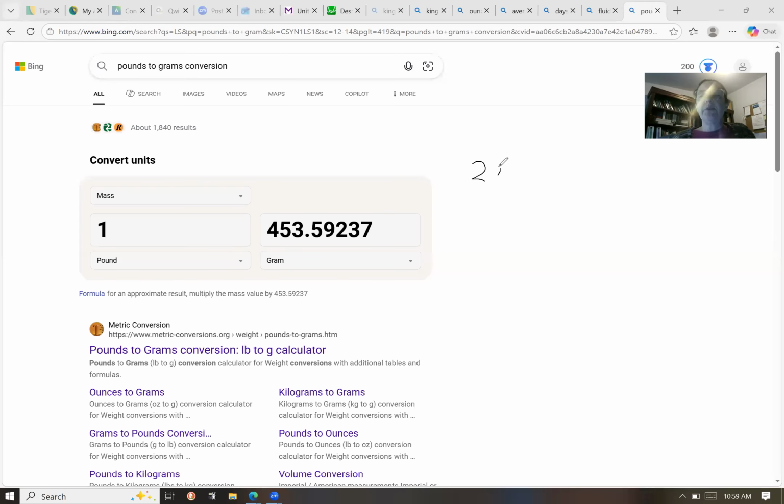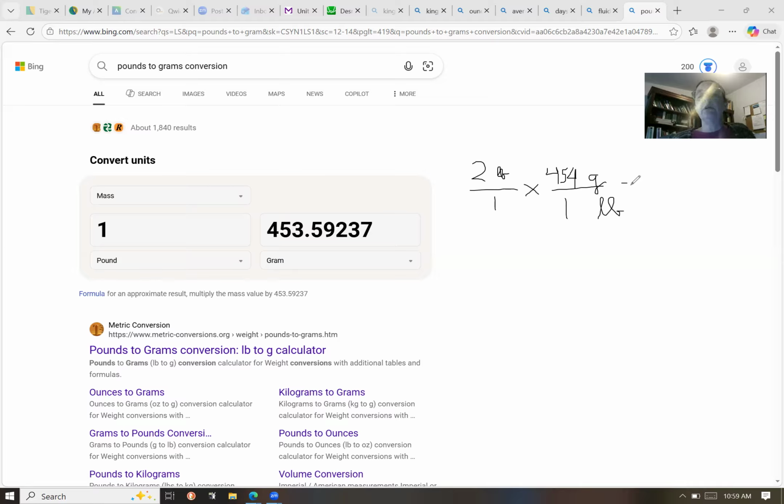So we'll put 2 pounds over 1. Multiply it by our conversion factor. We want pounds in the denominator to cancel diagonally, grams in the numerator. So 1 pound is 453.6, and we'll just round it to 454 grams.